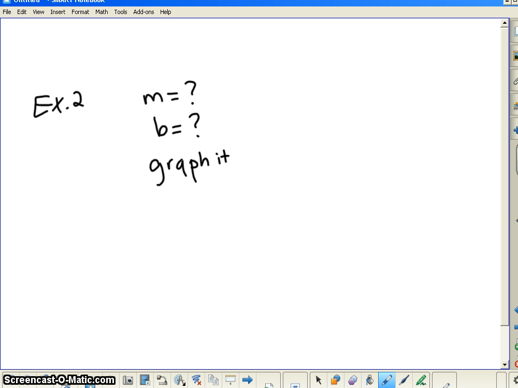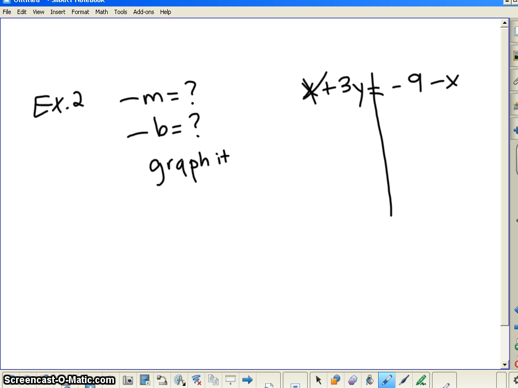Okay, so we're going to start with the equation, plus 3y equals negative 9. So right now this is in standard form. If I need to figure out what slope and y-intercept are, then I need to solve it for y.